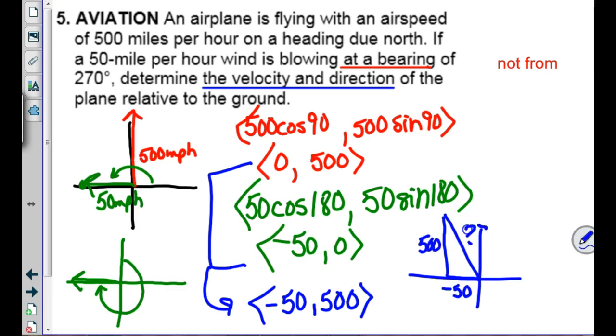So how do we find out its speed? Pythagorean theorem, okay, can you do that for me? Either leave the negative off or put parentheses around it. What'd you get?